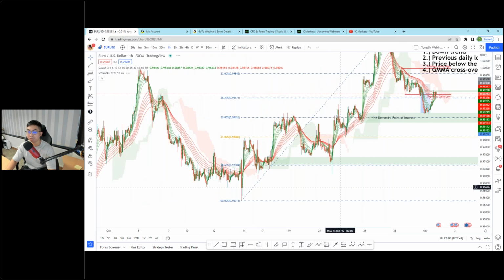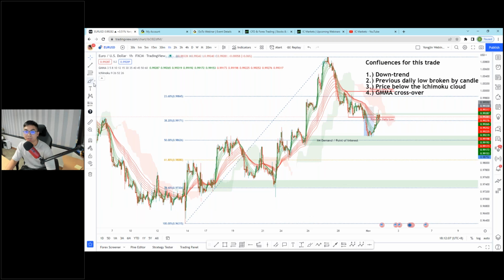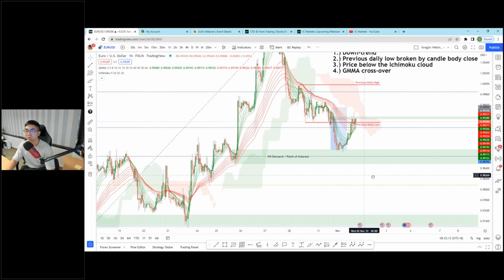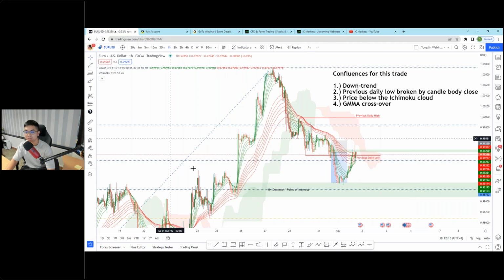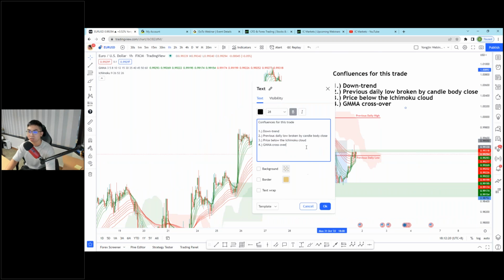Drawing from the very bottom, we have a 50% Fibonacci in the area, which adds confluence to our points of interest, the H4 demand points of interest. I'll just delete this, it's getting more and more messy. So I just add in take profits, and the confluence has the 50% Fibonacci line there.